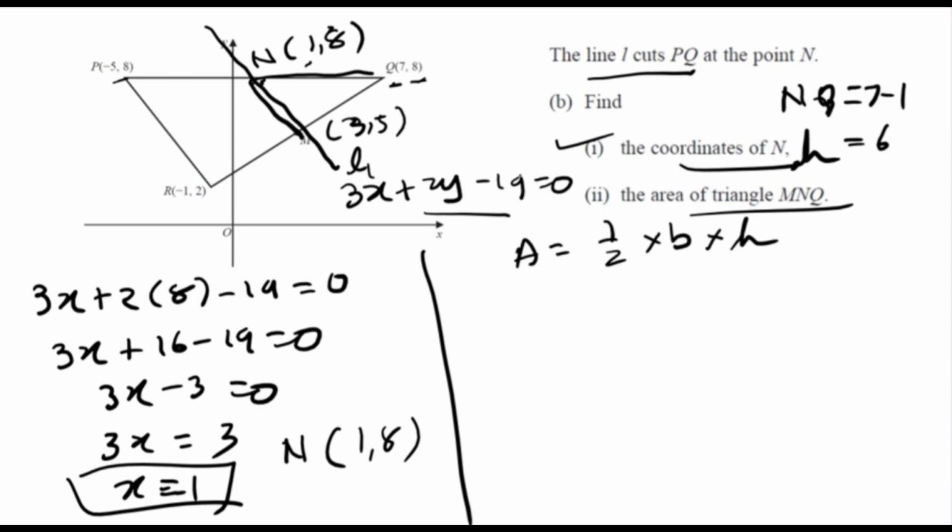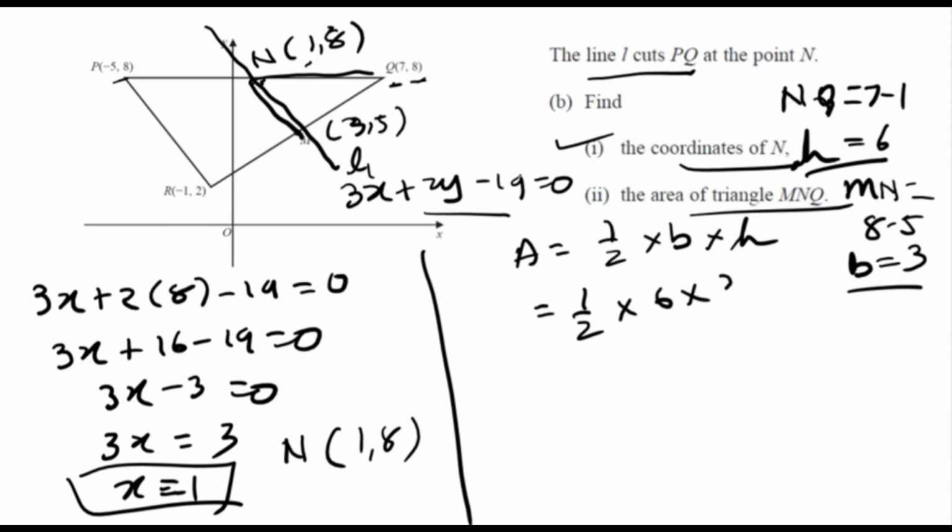So the y coordinate of this is 8 and this is 5. So for that, to find MN or the base, I can substitute y coordinate, which is 8 minus 5 will give me 3. So this is my height, this is my base. Substitute here. So half times 6 times 3. That will give me 9 units. So this is the area of the triangle MNQ.